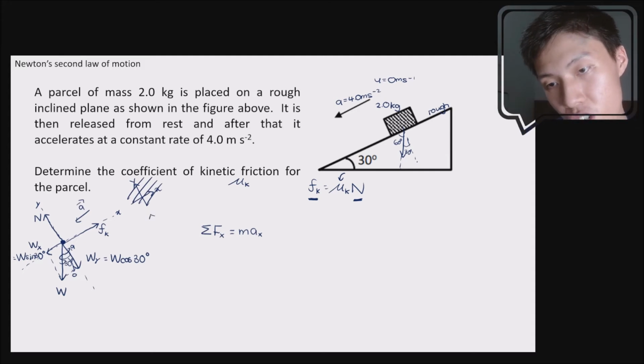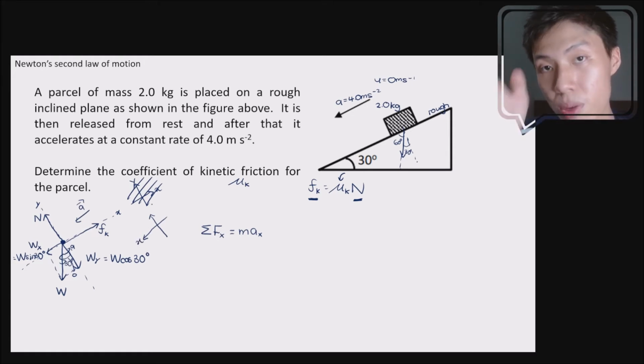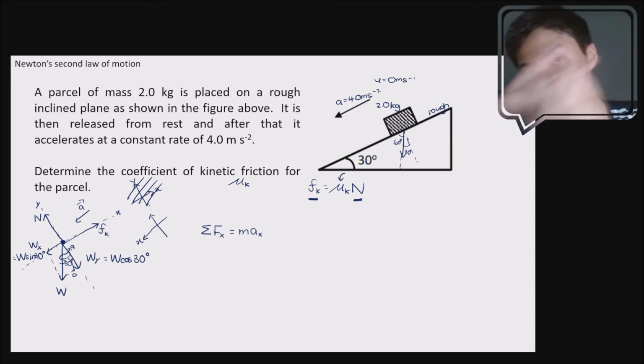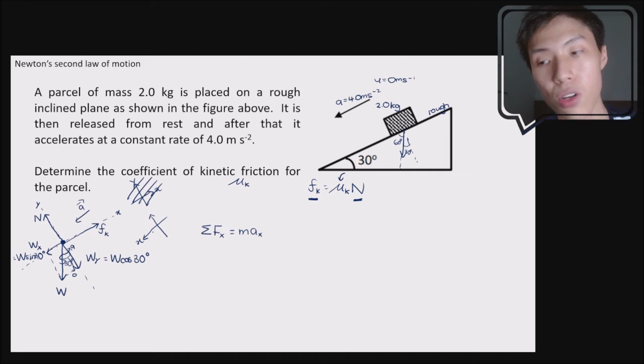Instead, we will change our positive x to be in this direction. We will determine later whether y should be up positive or down positive, but for now the x should be along downwards the slope as positive.